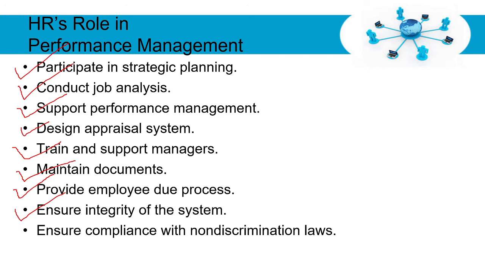So that makes the system a very integral part of the whole organizational functioning, and it becomes very important for HR to maintain that importance. Ensure compliance with non-discrimination laws. That means the biases which at times the appraisers suffer from, HR makes sure that discrimination against particular employees is not there, or is minimized and removed from the system, when performance management takes place in the organization.